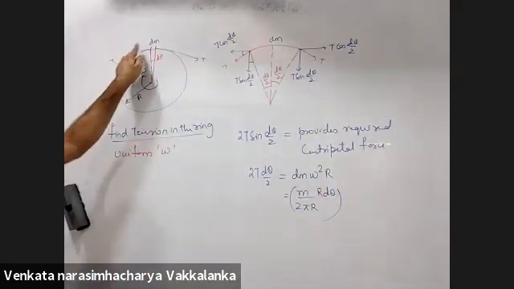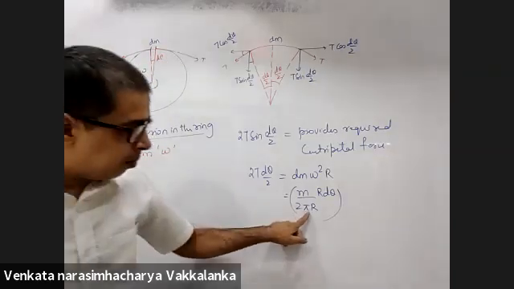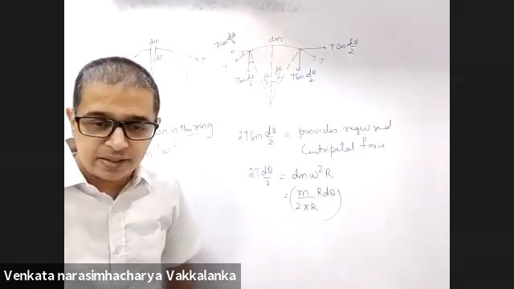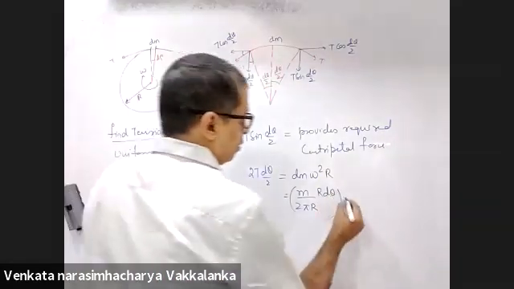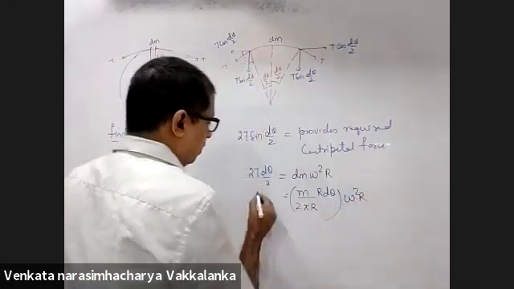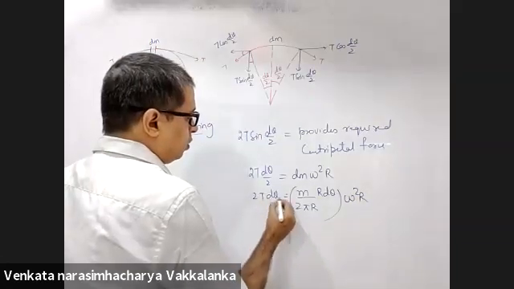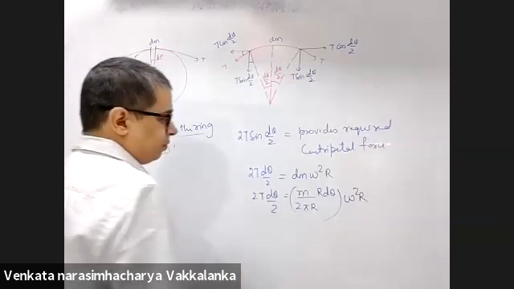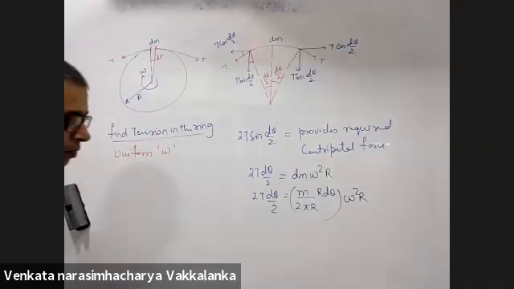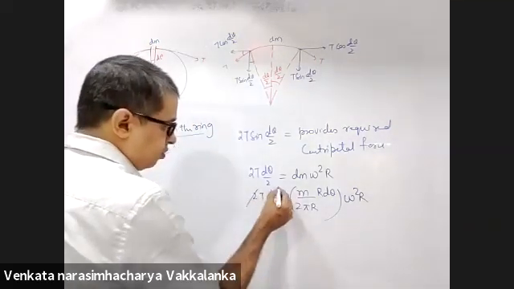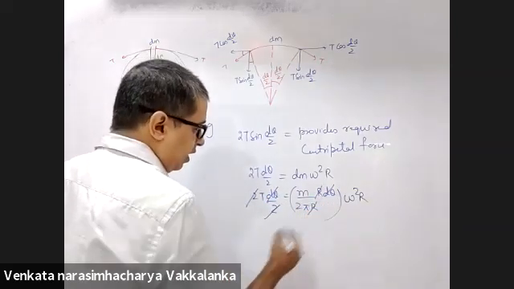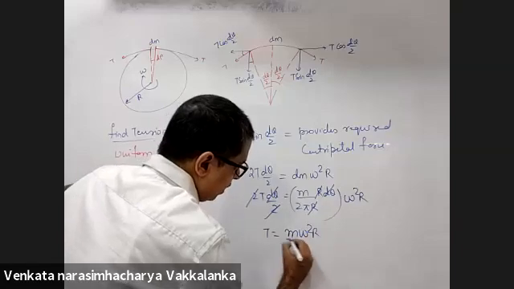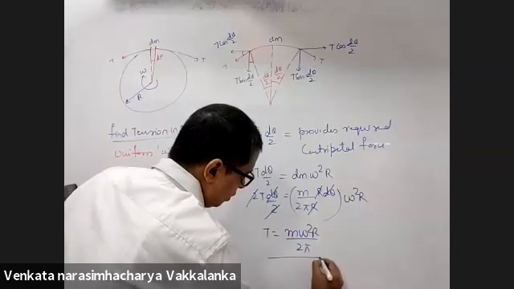Unitary method: total mass of the ring is m, so per unit length into the length of this particular element r d theta, times omega square r, equals 2T d theta by 2. This d theta and this d theta cancel, and r and r. T is equal to m omega square r by 2 pi.